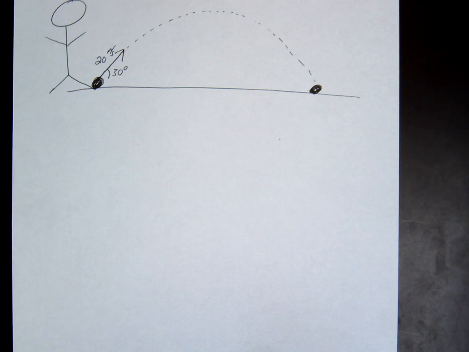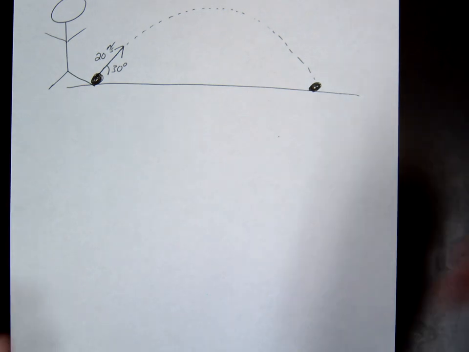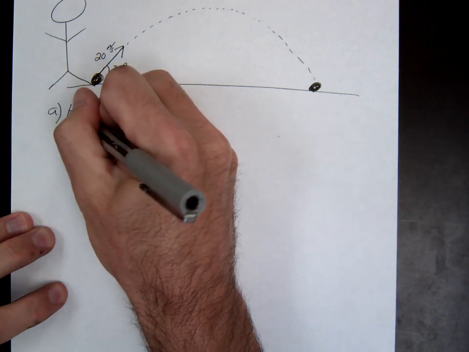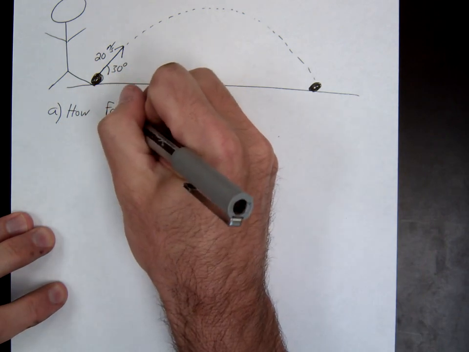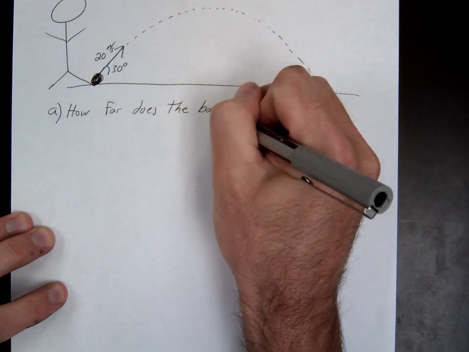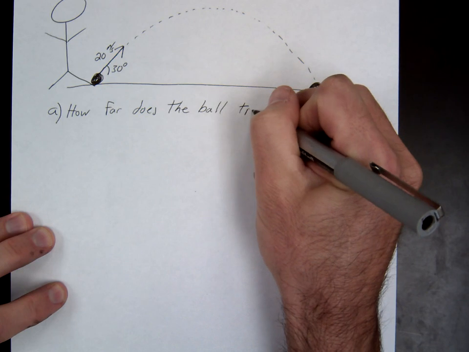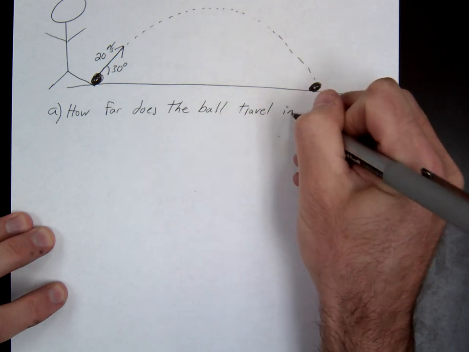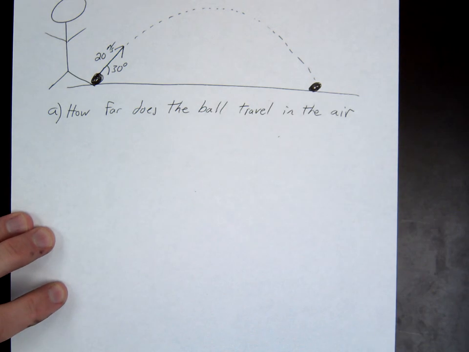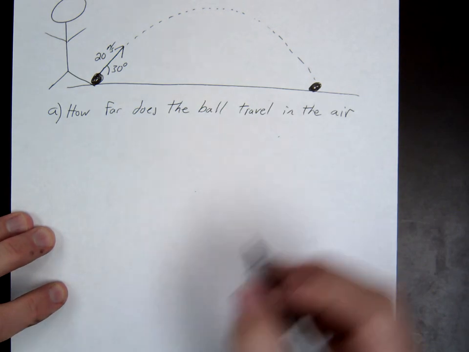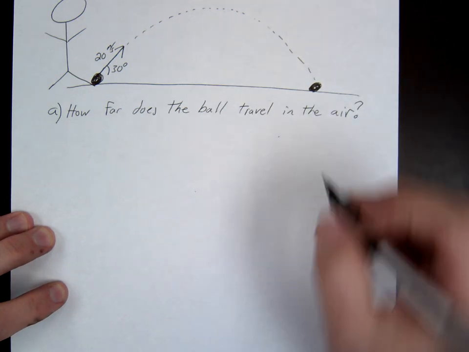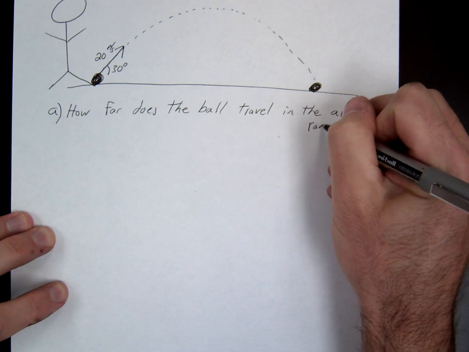So some questions that I would ask would be something like this. Say letter A, how far does the ball travel? How far does the ball travel, say, in the air? This is sometimes referred to as the range.